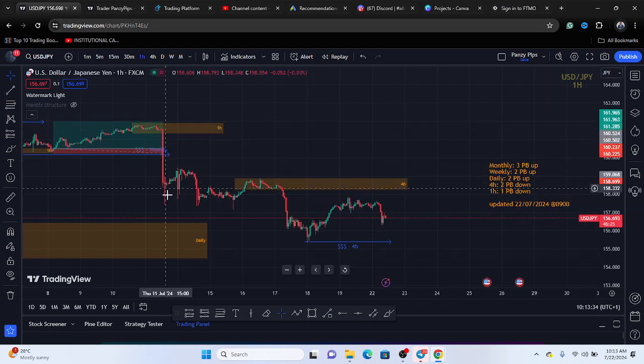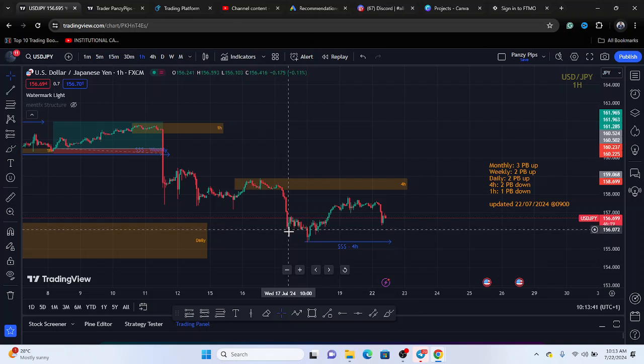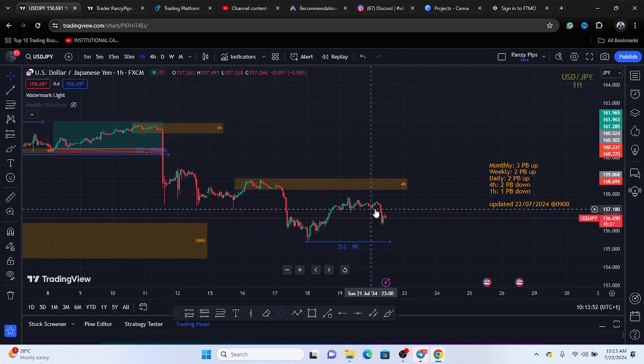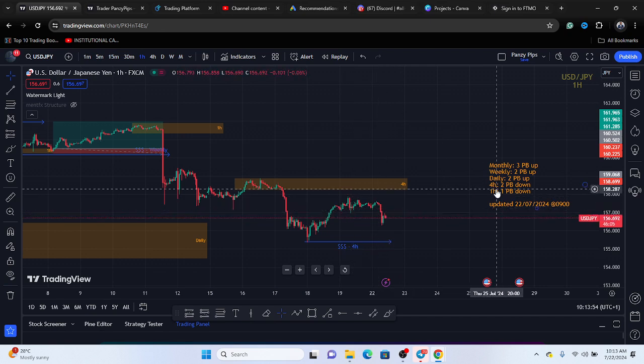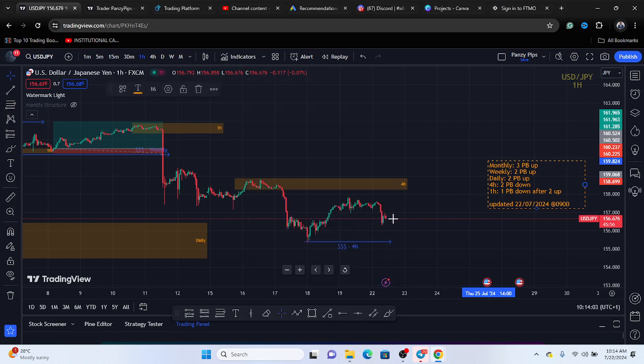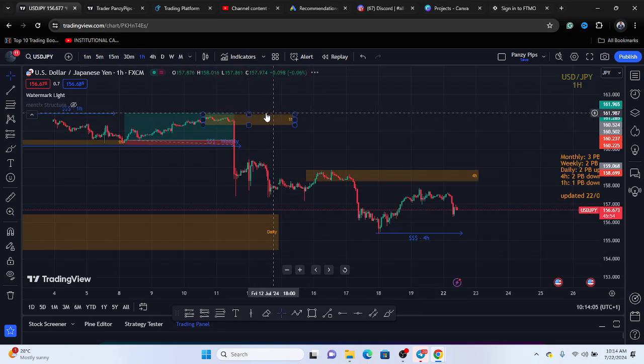So this is 1 PB down, pull back, 2 PB down, pull back, 3 down, then a pull back, breaks bullish, 1 up, pull back, 2 up, pull back, then it breaks bearish. So 1 down after 2 up. Okay, so 1 PB down after 2 up. Alright, and our 1-hour zone is here.